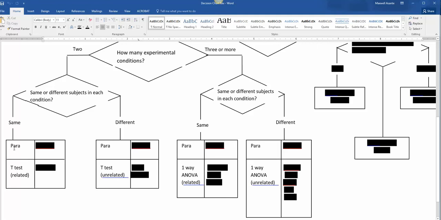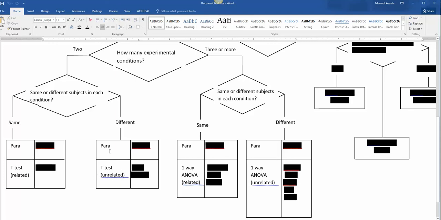And it is a test that comes under the parametric statistics. So it is the t-test for related samples. That is when you have the same subjects in the conditions of the experiment. If on the other hand you have different subjects in the conditions of the experiment, in which case the participants in the cool room are different from those in the hot room, then you have to use the t-test for unrelated samples.